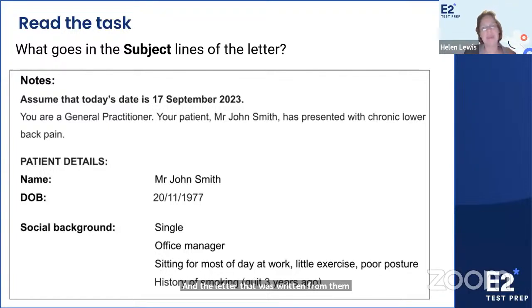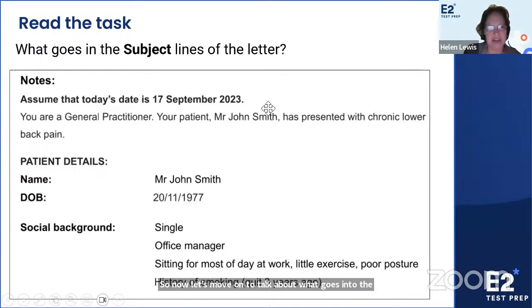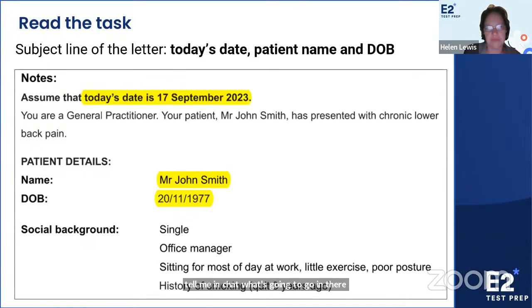Okay. So now let's move on to talk about what goes into the subject lines of the letter. There's a couple of subject lines. Tell me in chat what's going to go in there. Well, we'll have the date, today's date, the 17th of September 2023.